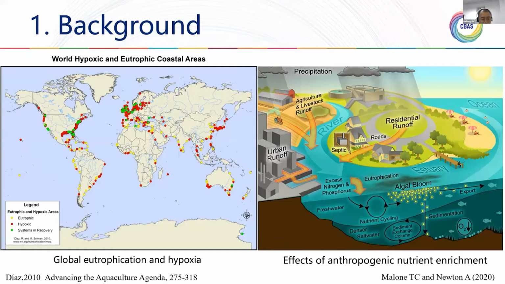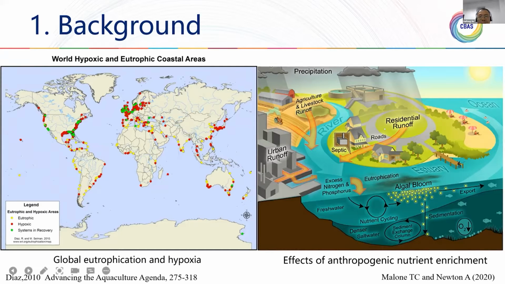From the left map, we can see yellow points representing eutrophic areas are distributed worldwide. Eutrophication is often accompanied by hypoxia, as indicated by the red spots.